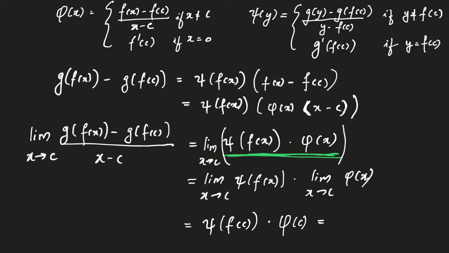Psi of f of c is nothing but g dash at f of c. And phi of c is nothing but f dash at c. And hence, we get that the derivative of g at f of c exists and is equal to this quantity, which was the result we wanted to prove.